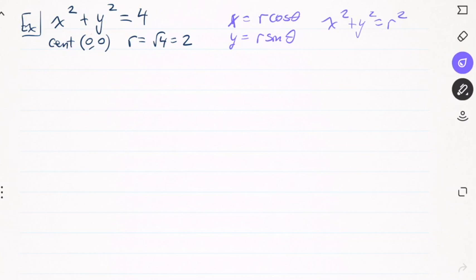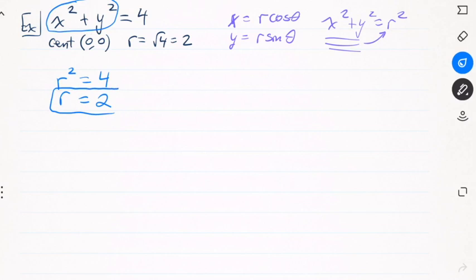That one seems the easiest because we have an x squared plus y squared, and we can replace it with r squared. So if we do that, all of this becomes r squared, and it's equal to 4. And then if we square root both sides, we get r is equal to 2. So this is the polar form of a circle.